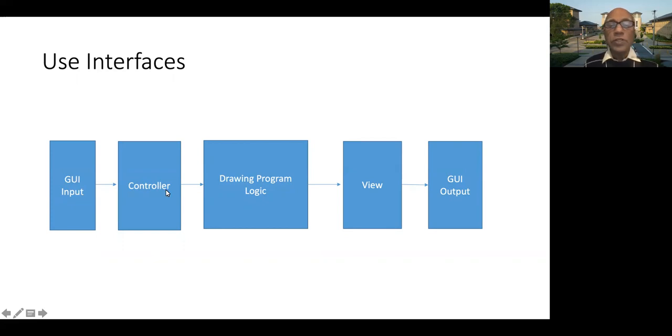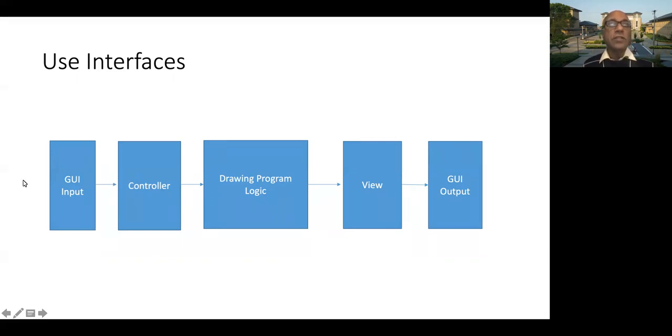Then, as we know, there is going to be a controller and a view. The controller would receive the inputs that are given to the GUI in a more logical fashion, in the sense it is less dependent on the technology.